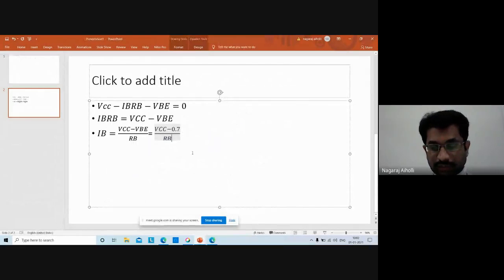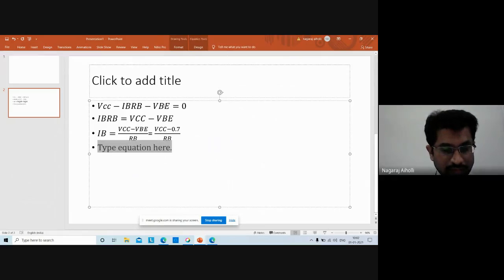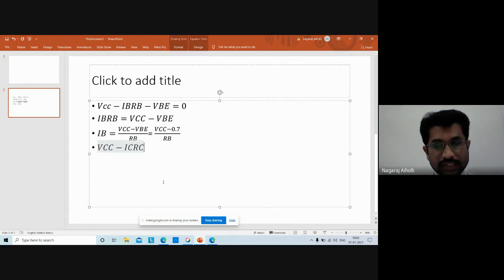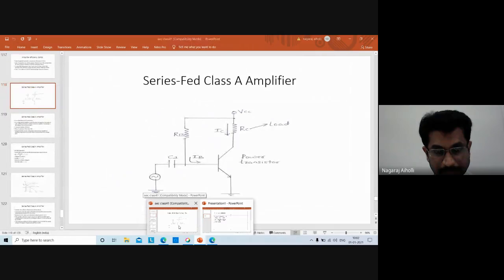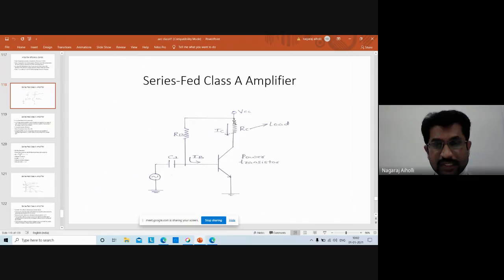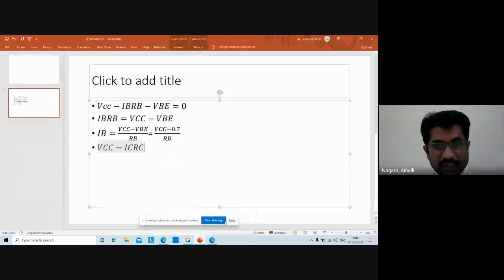We get VCC minus ICRC, current entering positive, current leaving negative, so positive to negative gives minus ICRC. Then minus VCE is equal to 0.